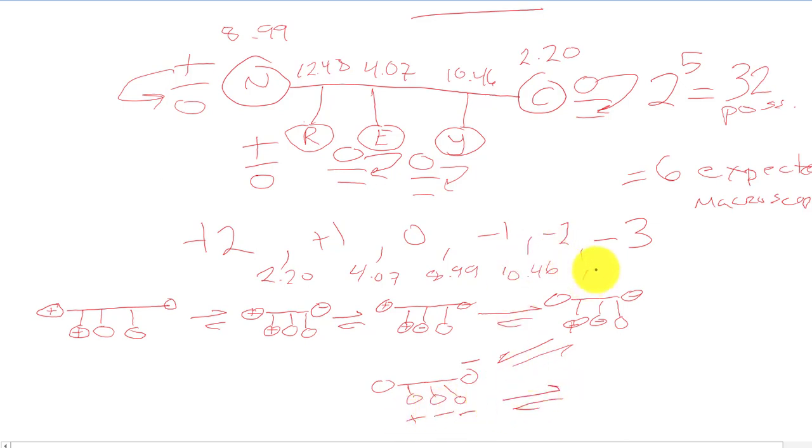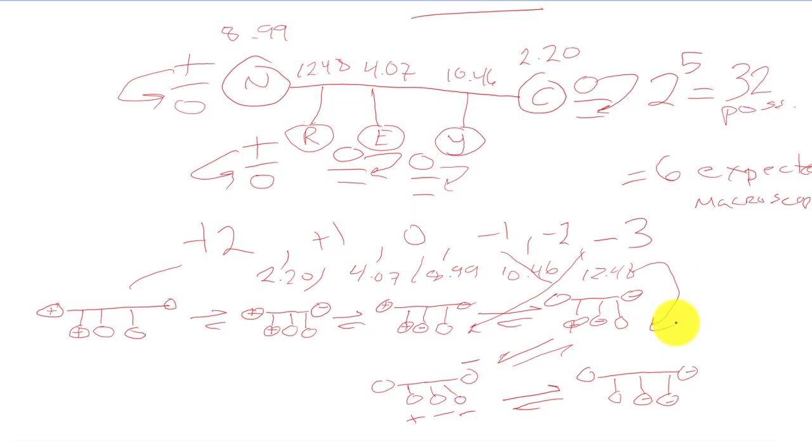And finally, at 12.48, our last group, our arginine would switch. Okay, so that would be negative, negative, negative. +2, +1, 0, -1, -2, and -3. That's all 6 of our observable titratable forms.